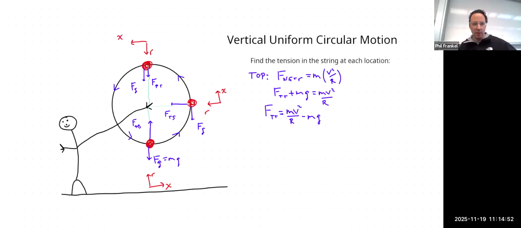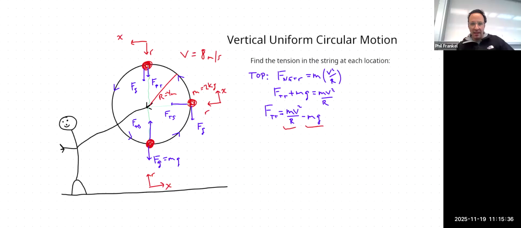And it would be nice if we had some numerical values here. So let me give you some. Let's say the mass of the object is 2 kilograms, the radius of the circle is 4 meters, pretty big circle, and the speed at which the object is moving is 8 meters per second. Okay, so let's figure out what these two terms are. The mass is 2 kilograms, so the weight, mg, is 20 newtons.